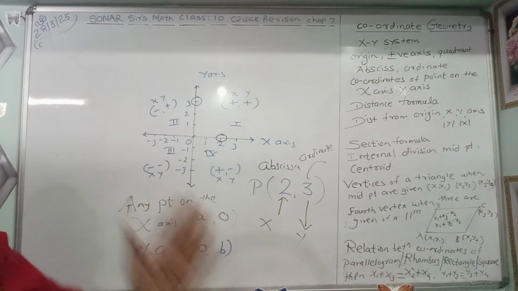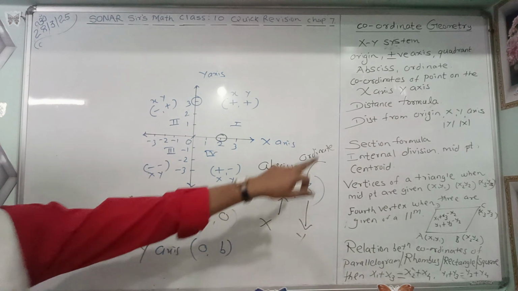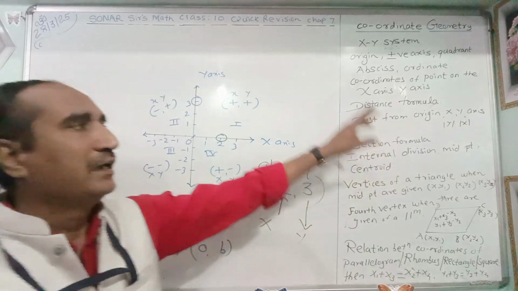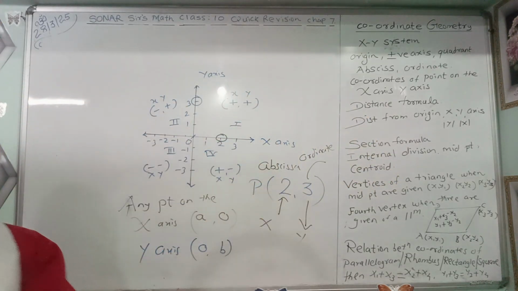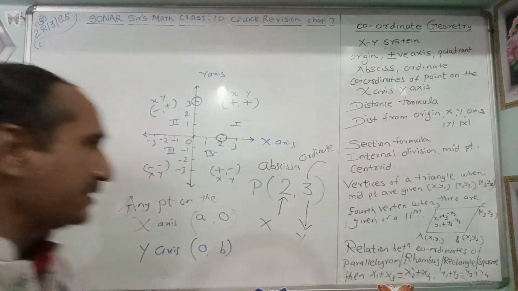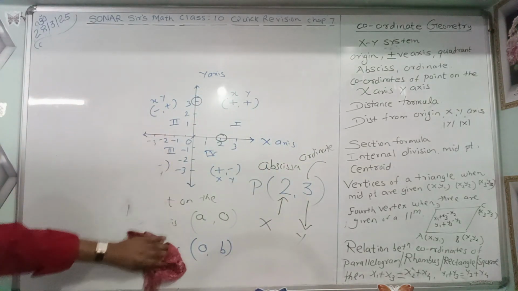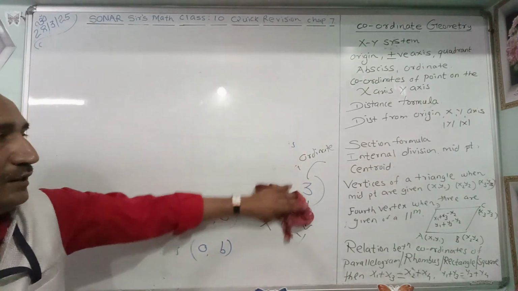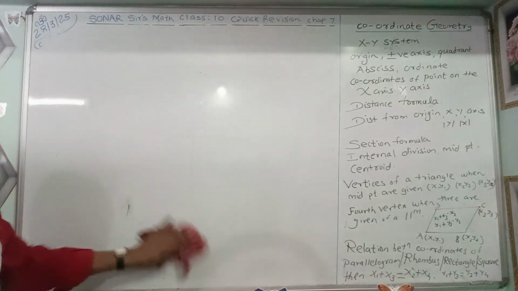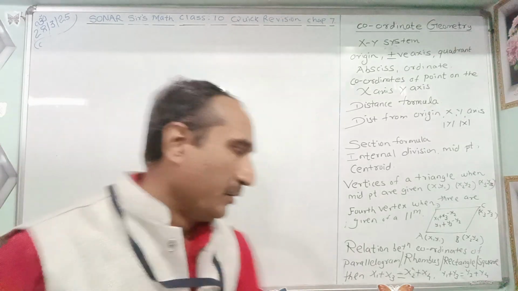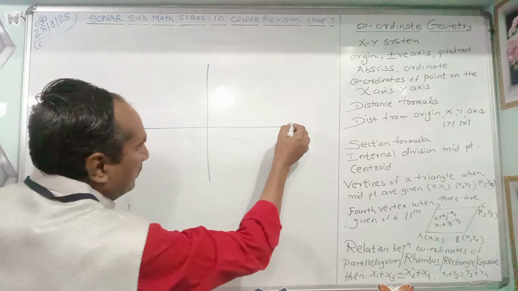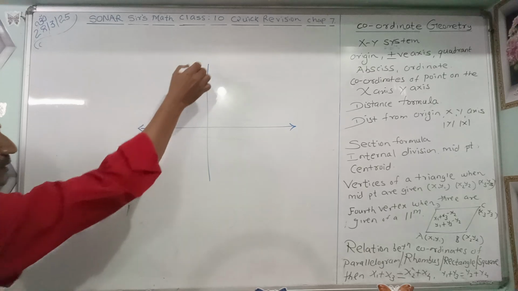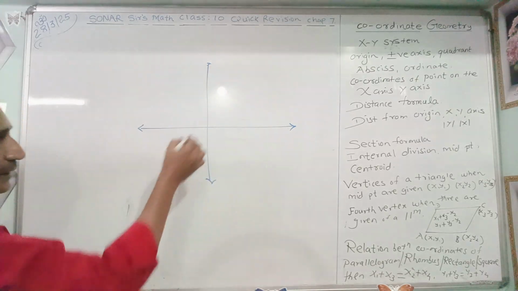Now let's discuss the distance of a point from the origin, and then from the x-axis and from the y-axis. First we'll discuss the distance of any point from the x-axis. It's really very simple to remember. Suppose this is an xy coordinate plane.